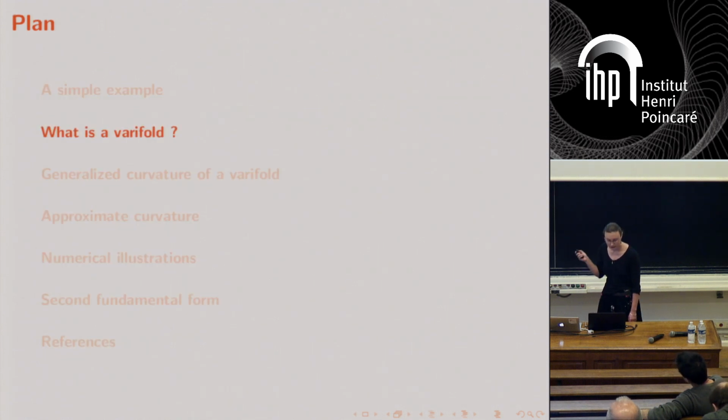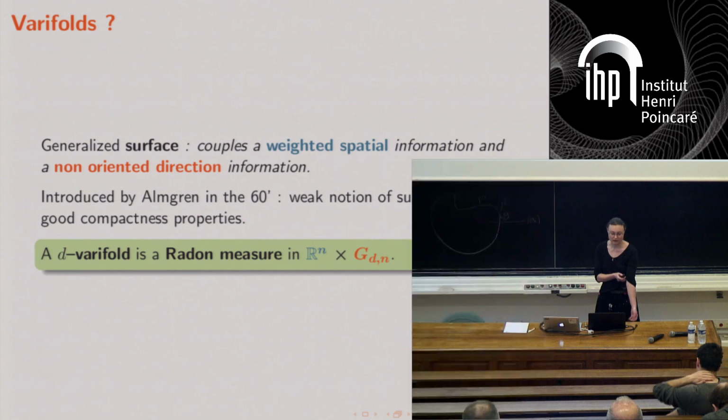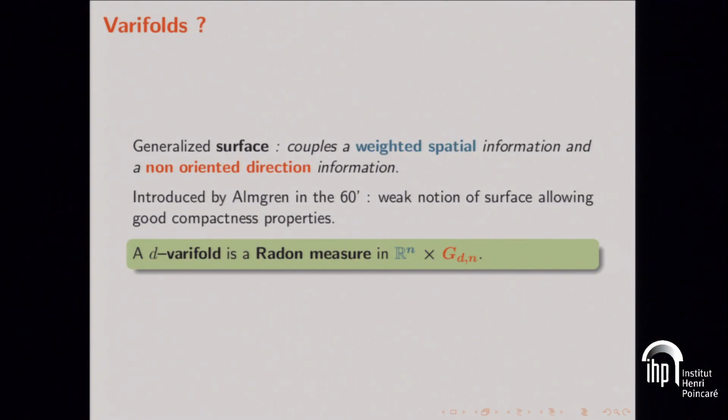So what is a varifold more generally? It will be a measure that couples both weighted information and tangential direction, but non-oriented, okay? So if you had an oriented object, you will lose the orientation when you look only at the varifold structure. So a varifold is a structure that you can put on an object.